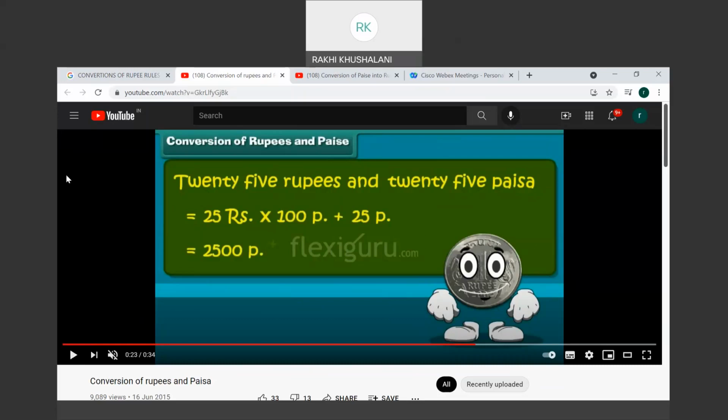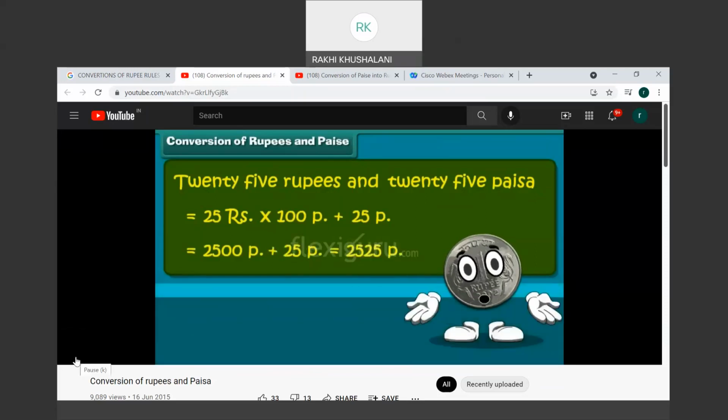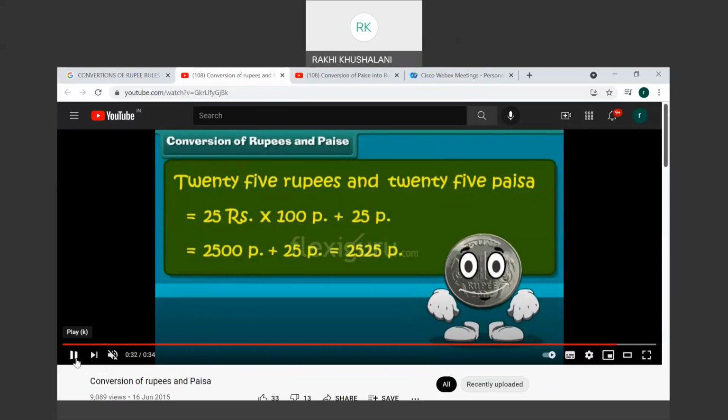So 25 rupees and 25 paisa is 25 rupees into 100 paise. I need the whole conversion in paise, plus 25 paise. I hope you all are recalling how we used to do for centimeters, kgs and liters. So 25 into 100 gives me 2500 paise, plus 25 paise, which will give me 2525 paise. That is how the conversion takes place of 25 rupees and 25 paisa.